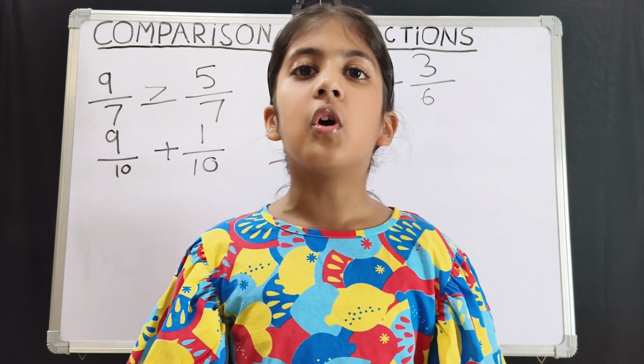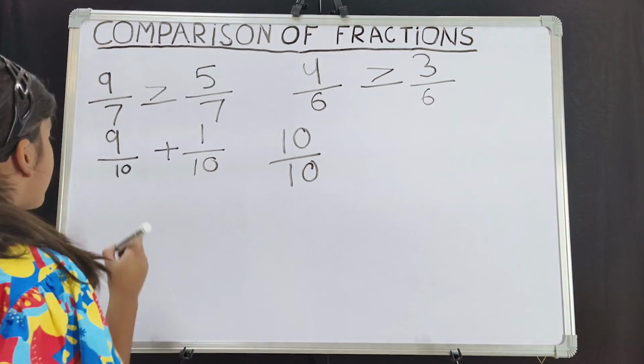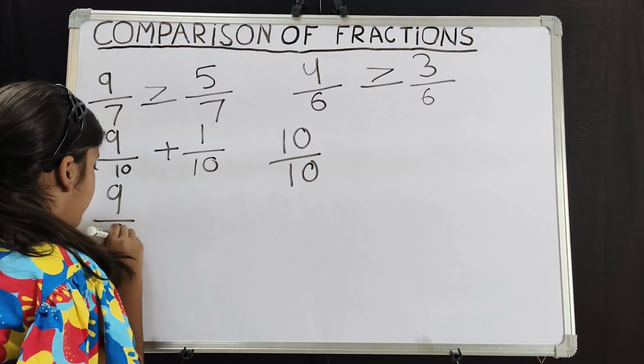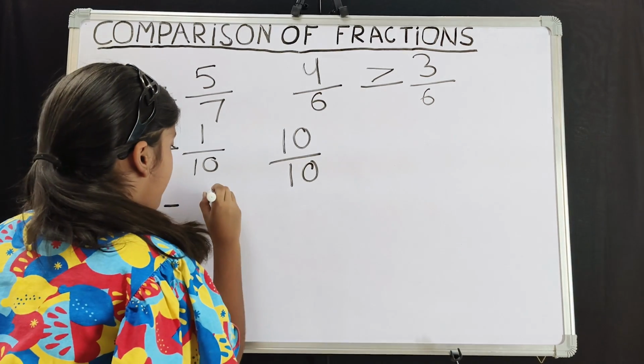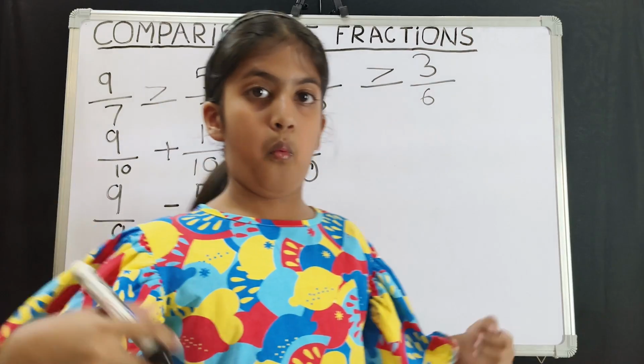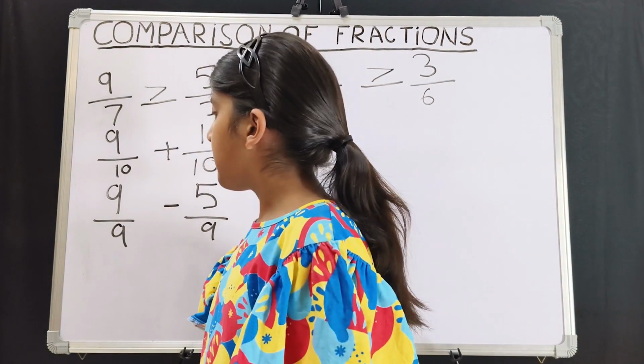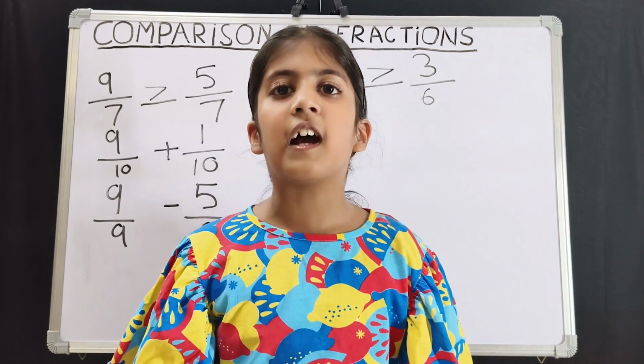Now, let me show you how we subtract fractions. 9 upon 9 minus 5 upon 9. What will be my answer? Let me tell you. These two are like fractions.